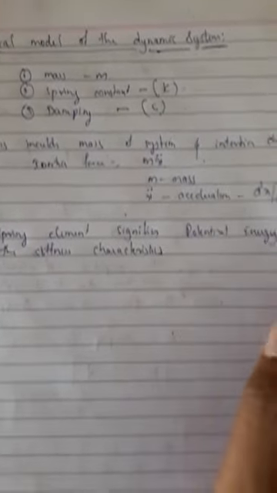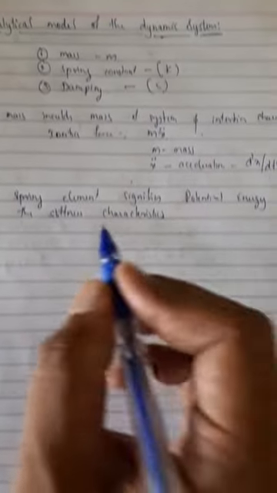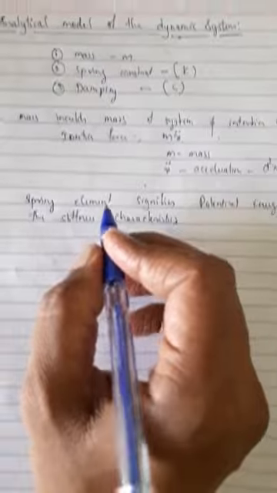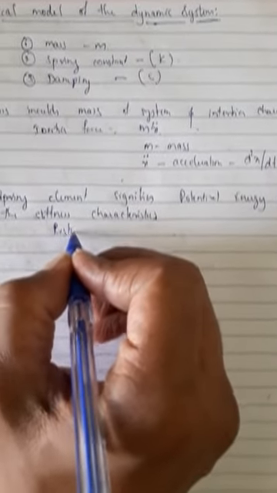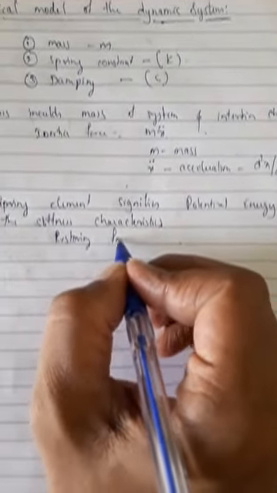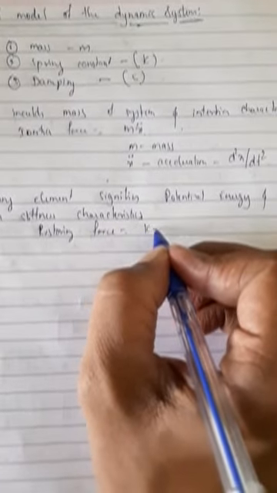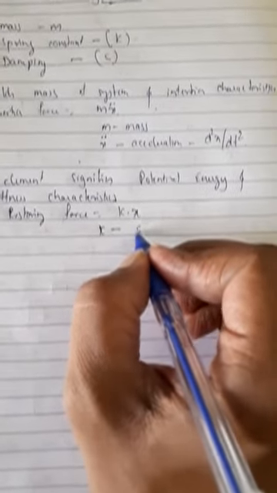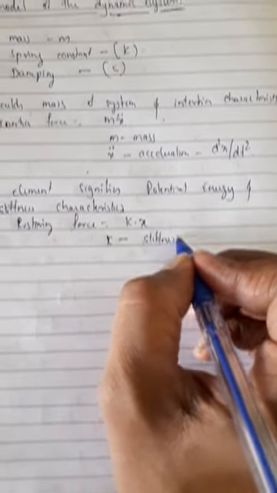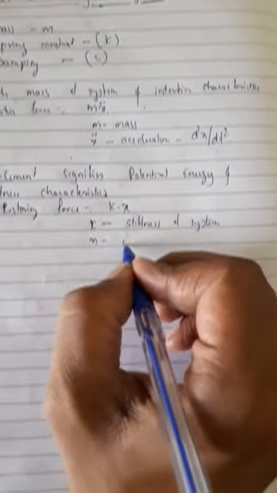Stiffness characteristics means elastic restoring force, the force which tries to restore the system back to its original position. So restoring force depends on stiffness. Restoring force is equal to K into X, where K is stiffness of the system, X is displacement of the system.